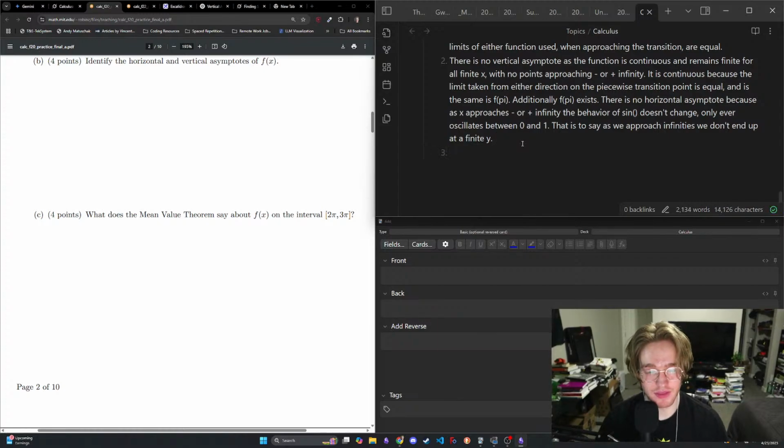Okay, and this one I'm going to just knock out of the park. Well, at least I hope. The mean value theorem states... I know the conditions for the mean value theorem, but I feel like my definition is a little verbose.